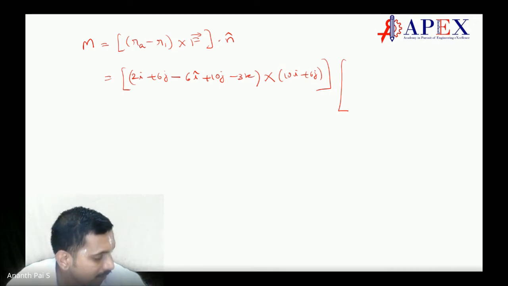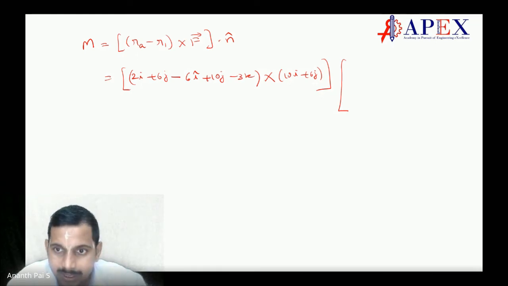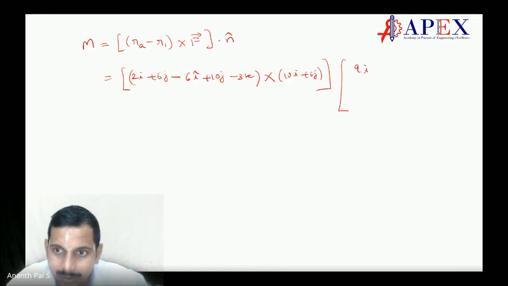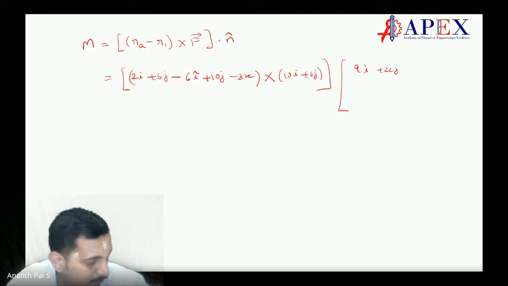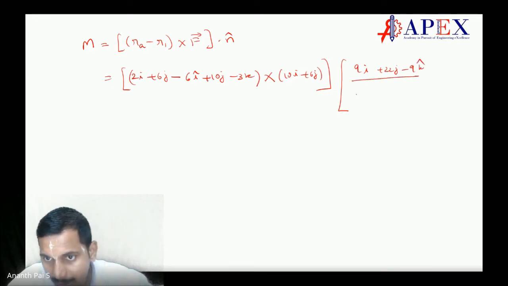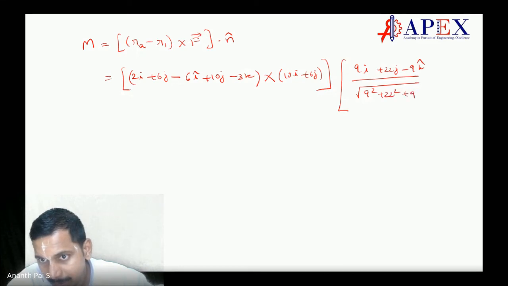R1 minus R2 is 6 minus 3, so 9i, 10 minus 12, so minus 2j, and minus 3 minus 6, so minus 9k, divided by the square root of 9 squared plus 22 squared plus 9 squared.